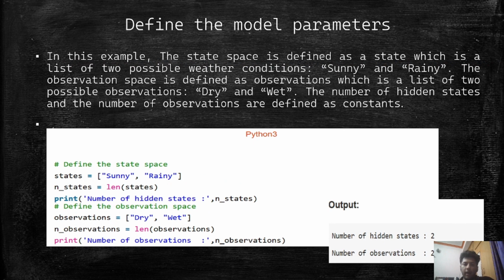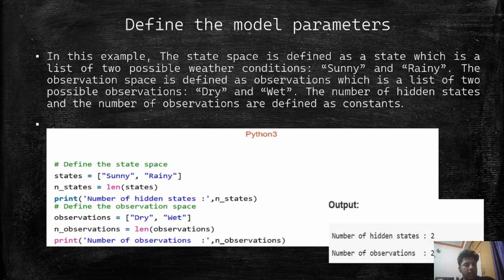So defining the model parameters. In this example, the state space is defined as states, which is a list of two possible weather conditions, that is sunny and rainy. The observation space is defined as observations, which is a list of two possible observations, that is dry and wet. So the number of hidden states and the number of observations are defined as constants.